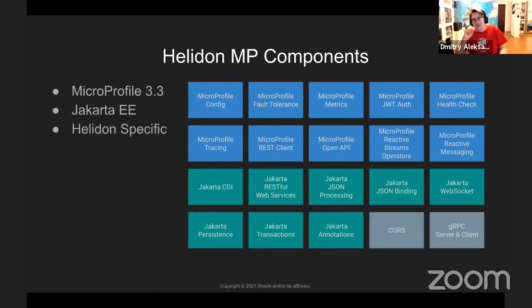And we have some Helidon specific specifications, because we have some demands from our customers. So in the current version, we also ship the gRPC server and client. This is something which is highly demanded right now. And when you download Helidon, you will get this out of the box.